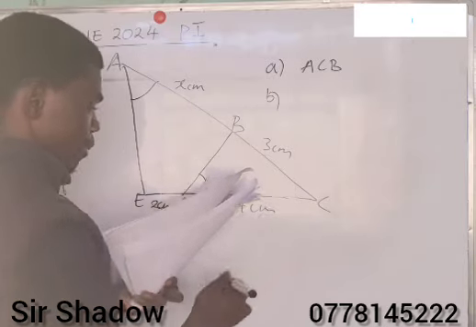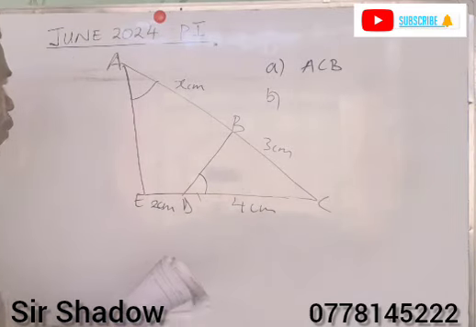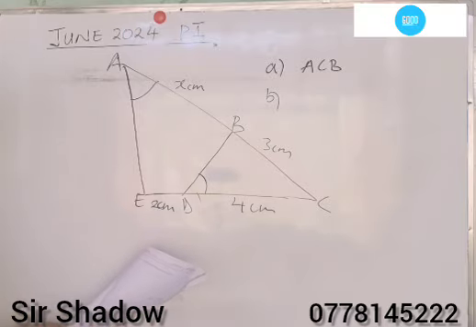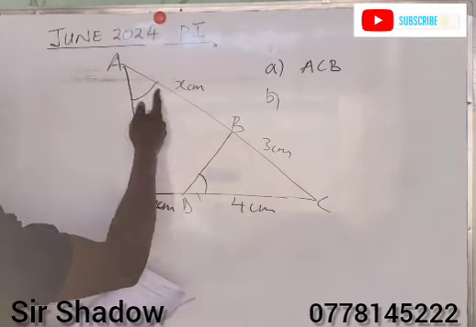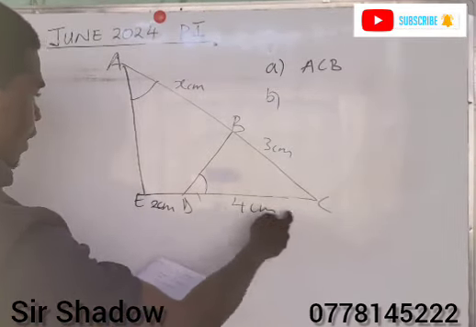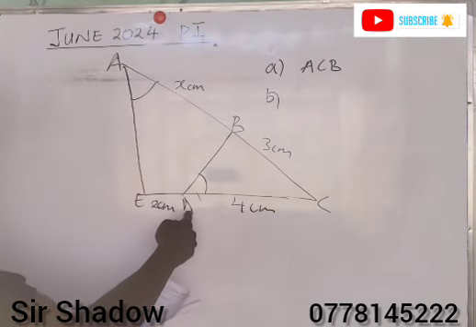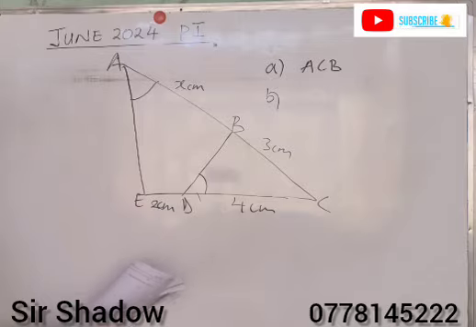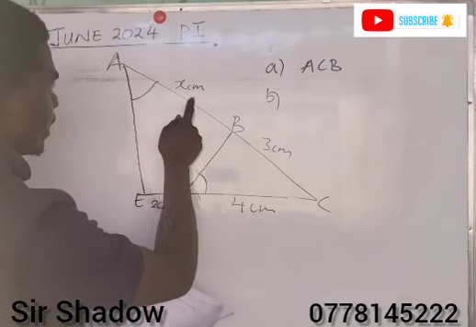Now find the value of x. To find the value of x, we said ACE is similar to DCB, meaning AC is x plus 3.